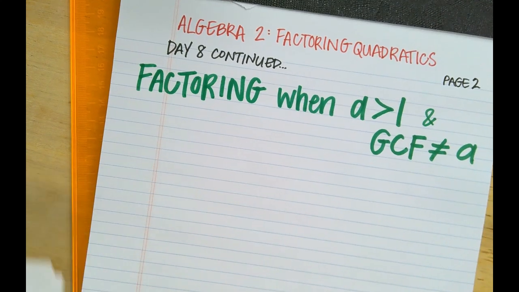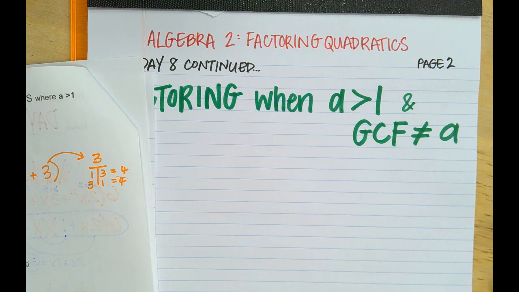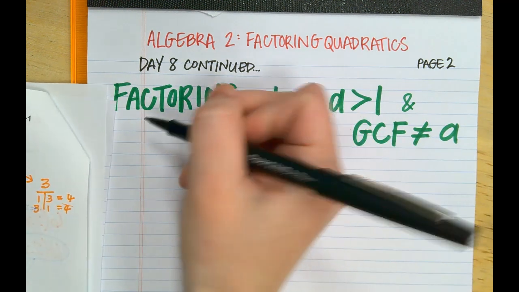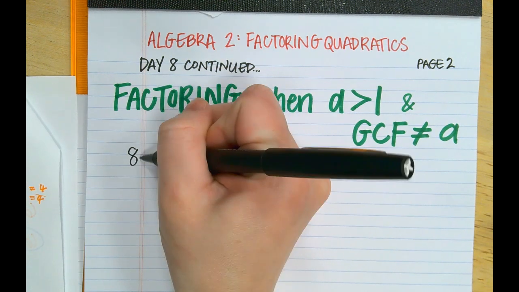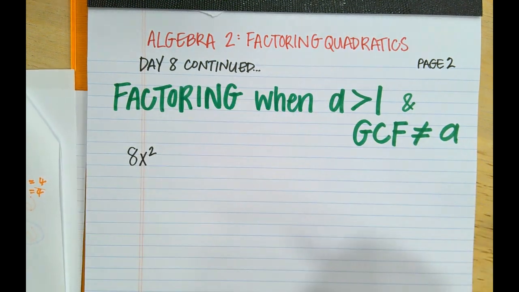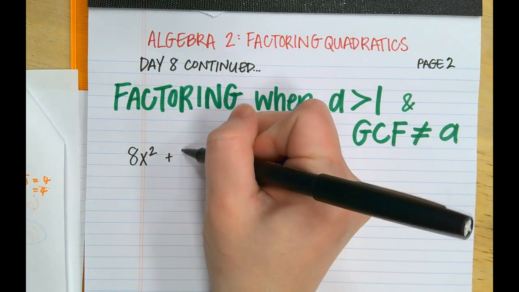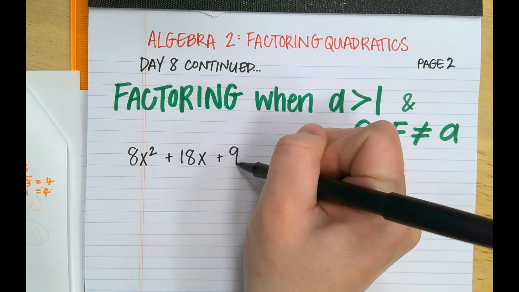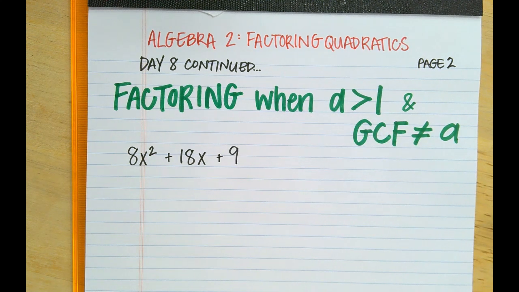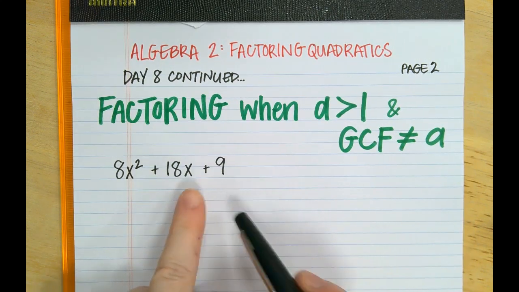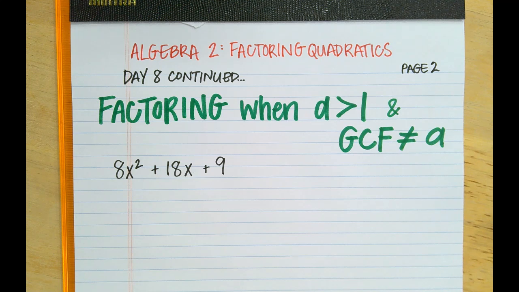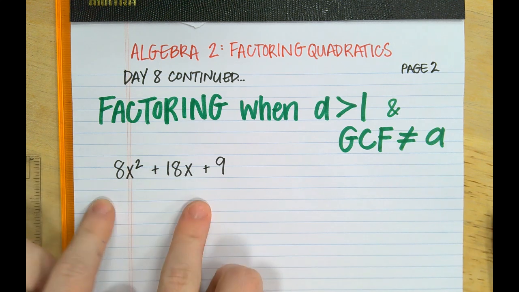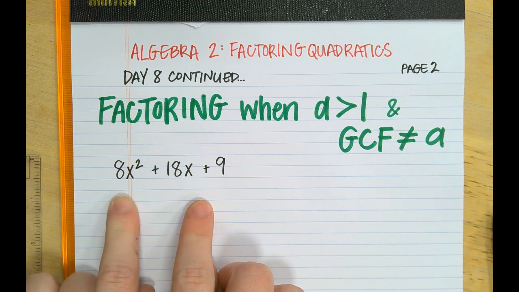All right. So on number 8 on this worksheet guide, we have 8x squared plus 18x plus 9. So what is the first thing we need to do whenever we are factoring a quadratic expression?